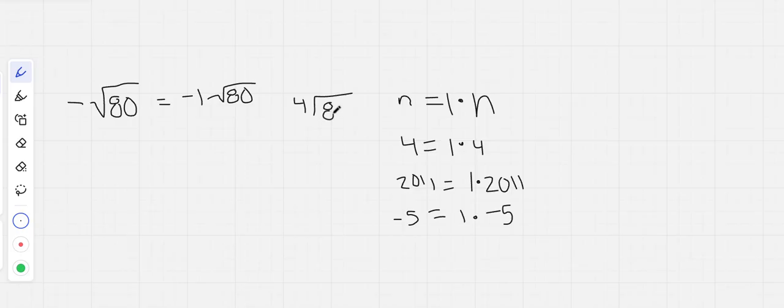Some of us are already able to figure it out. 4 goes into 8 twice. 4 goes into 0 zero times. 4 goes into 80 20 times. So we rewrite that as -1 times the square root of 4 times 20.